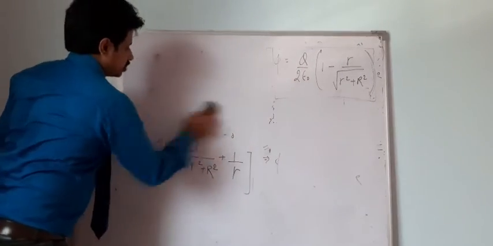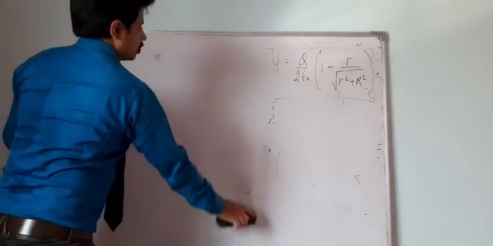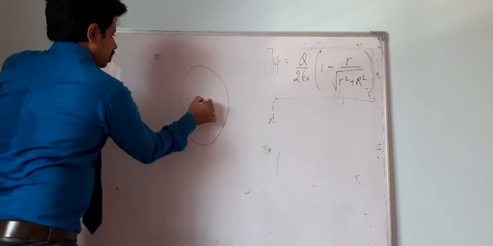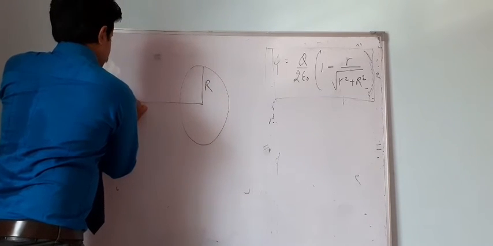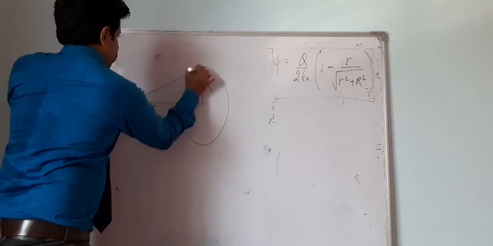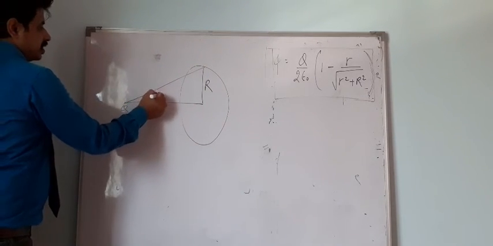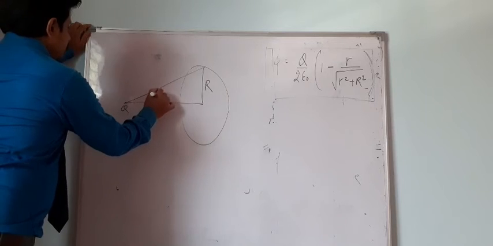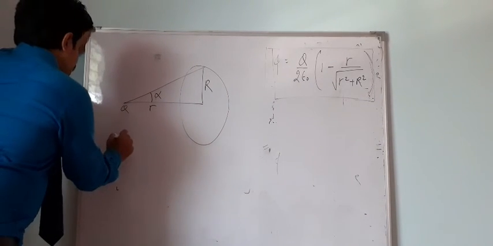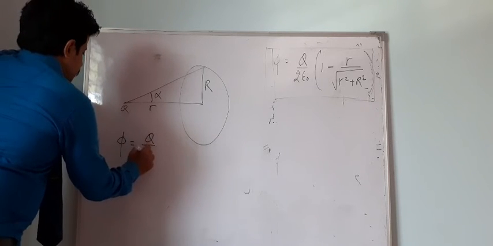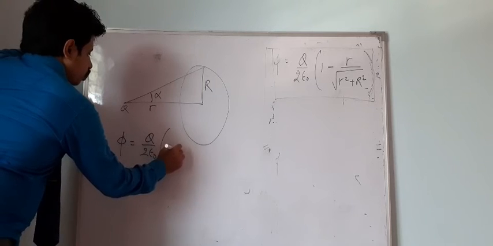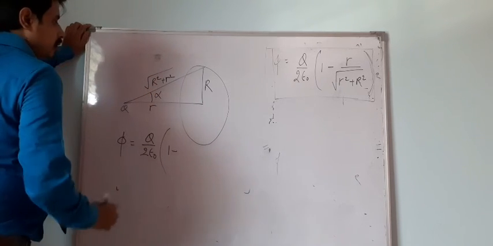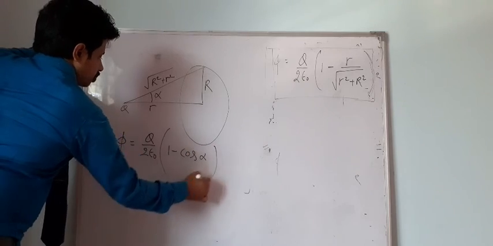So the situation is something like this: this is the disk, here is the point charge, and if this angle is theta, suppose, or alpha, whatever, suppose this is angle alpha, then flux can be written as q by 2 epsilon naught into 1 minus, this is root under r square plus r square, so 1 minus cos alpha.